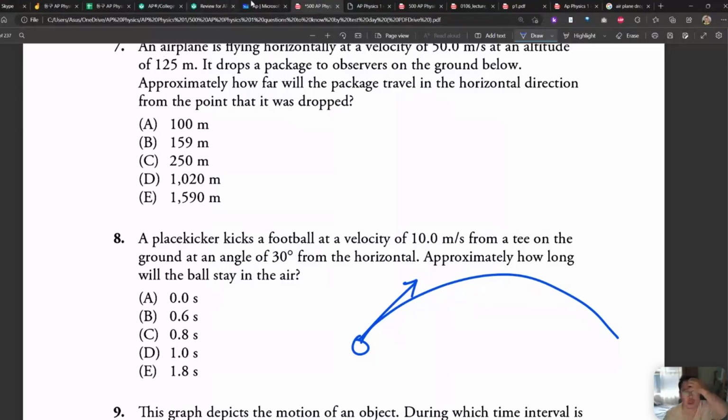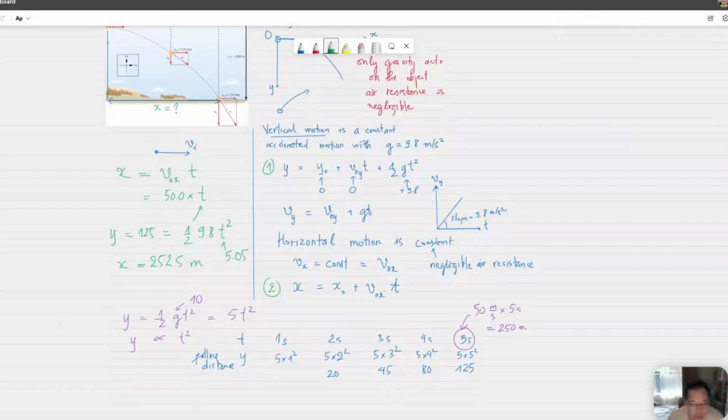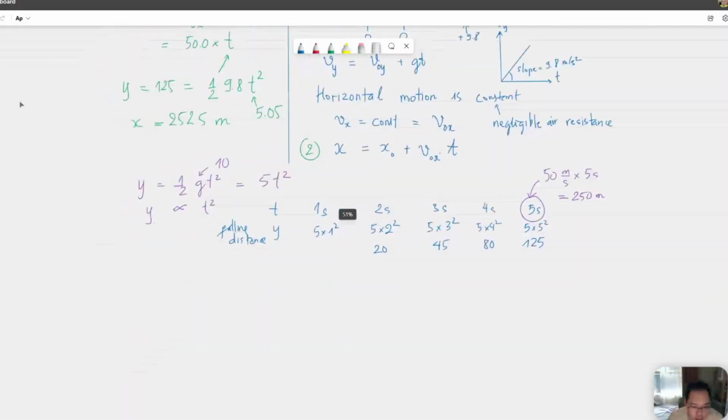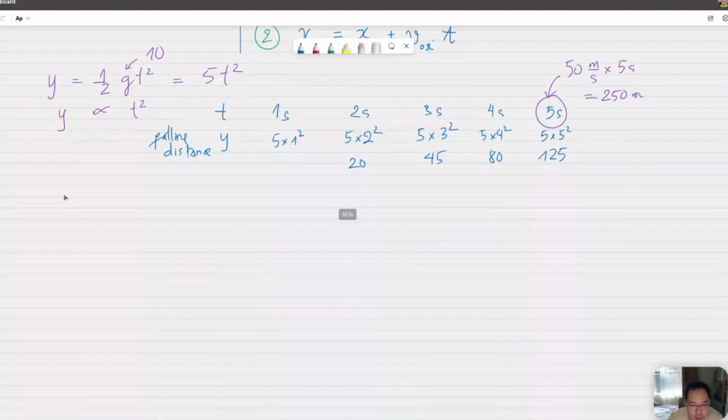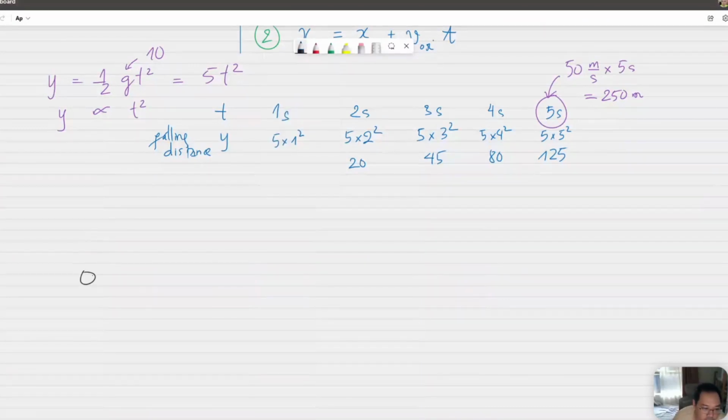Okay, one more thing that we learned in this projectile motion part. This object is kicked with an angle of 30 degrees, but it could be any other value of the angle theta.